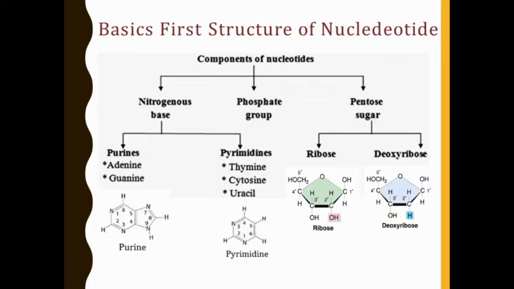Some modifications occur in these rings to form various types of bases as shown here. Two types of purines, adenine and guanine, and three types of pyrimidines, thymine, cytosine and uracil, are seen in these nucleic acids.